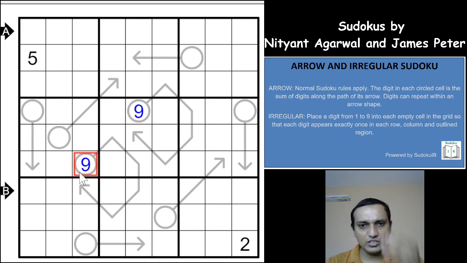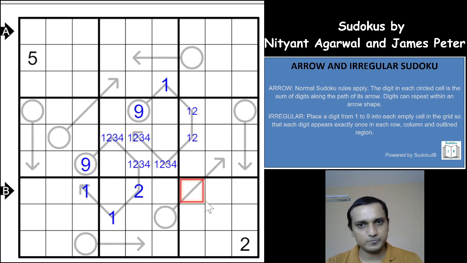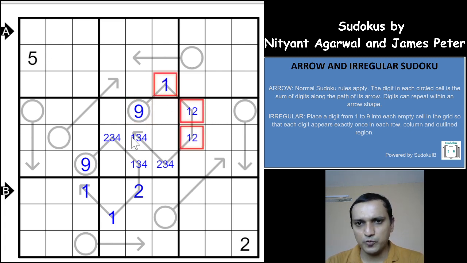Both of these would have to be 9, which means all of these digits on the arrows would have to be the minimum ones, so these two would be 1 and 2, and all of these would be 1, 2, 3 and 4. 2 cannot be in any of these two cells, and 1 cannot be here. You already know that you have 1 plus 3, that is 4, so the sum of these two digits would have to be 5.